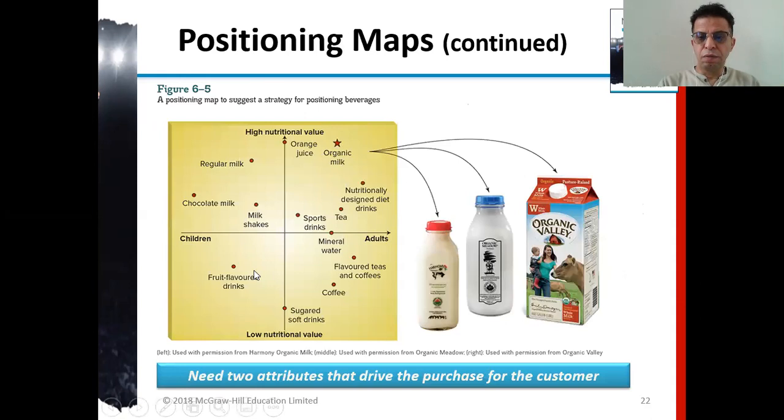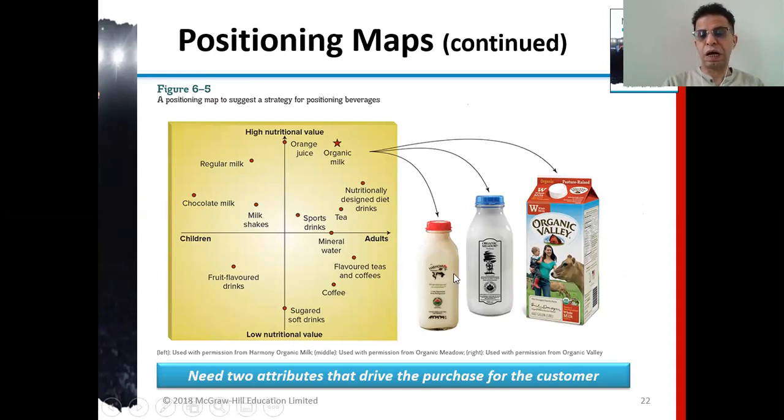And the best example here is one of the positioning maps. You're looking at different milk products. Here is where you look at your positioning, and if you notice, this milk can be for adults or for children, with a high nutrition value or a low nutrition value.